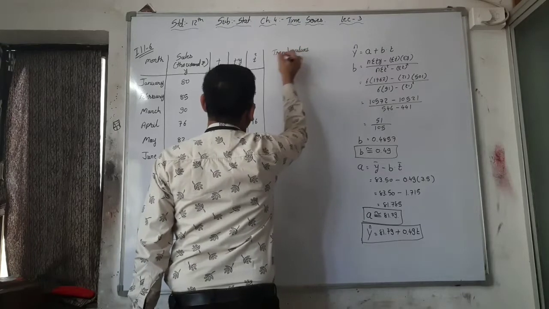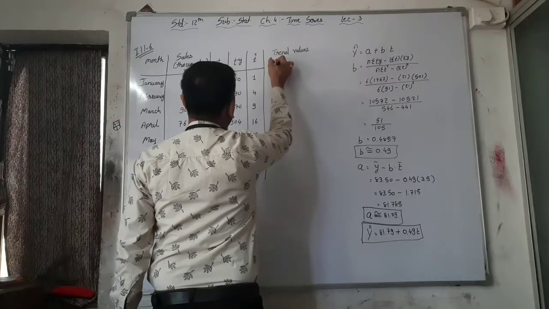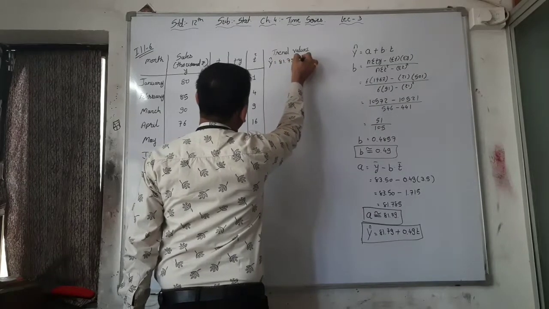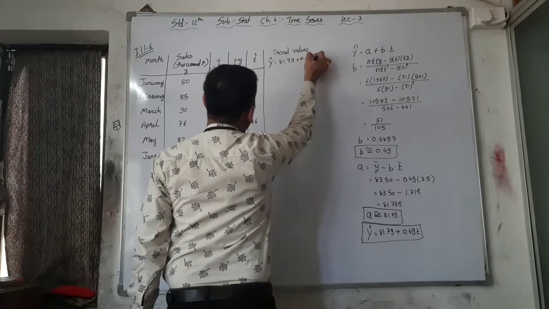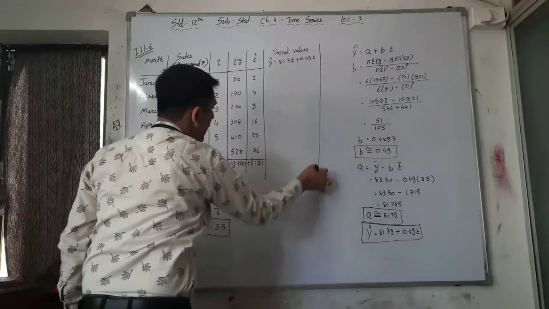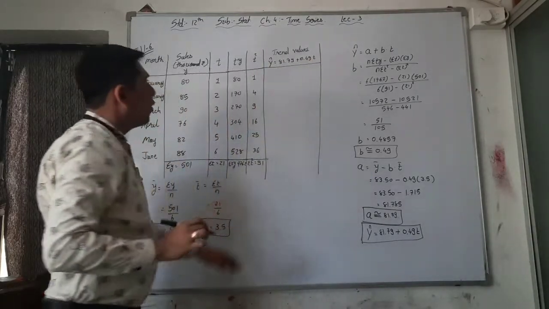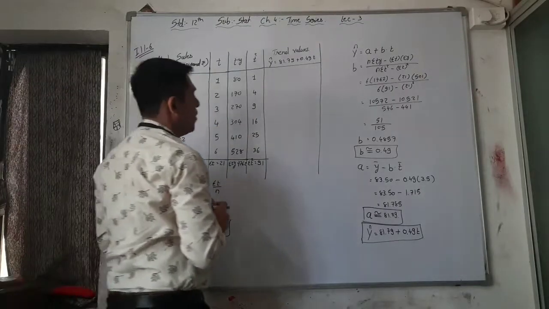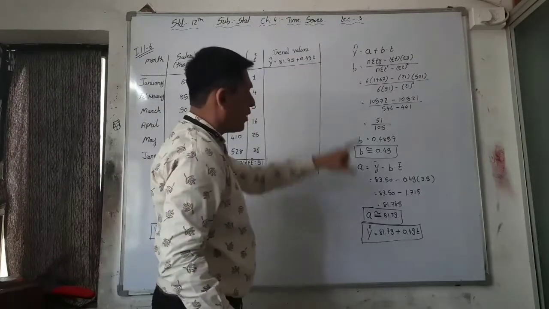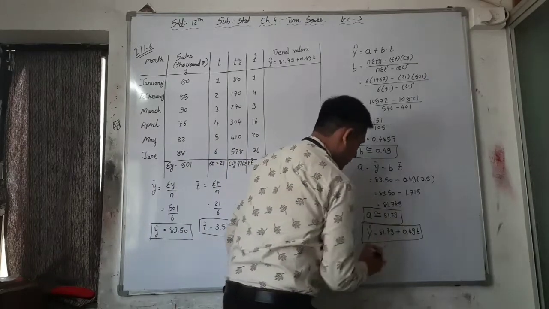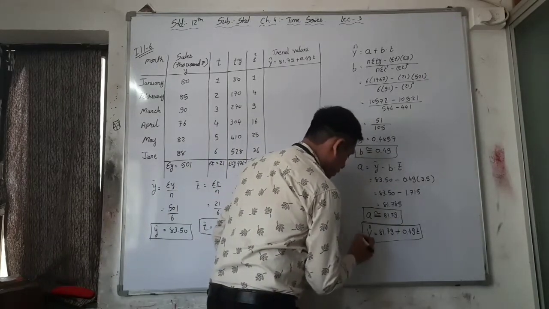What is the trend? Y cap is equal to 81.79 plus 0.49 T. And in my last lecture I explained how we can find out the trend. First of all, we have to put just 1 into this and find out the values. Here we are putting T is equal to 1.